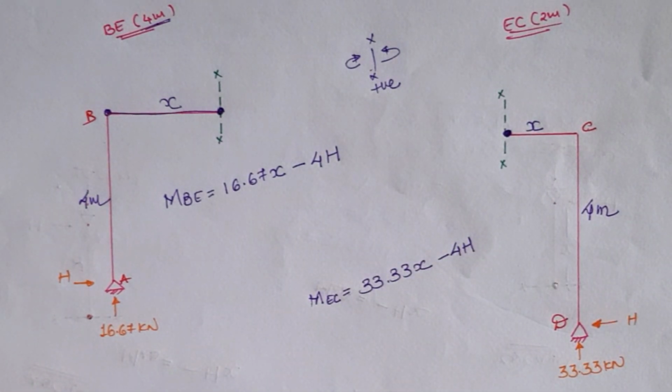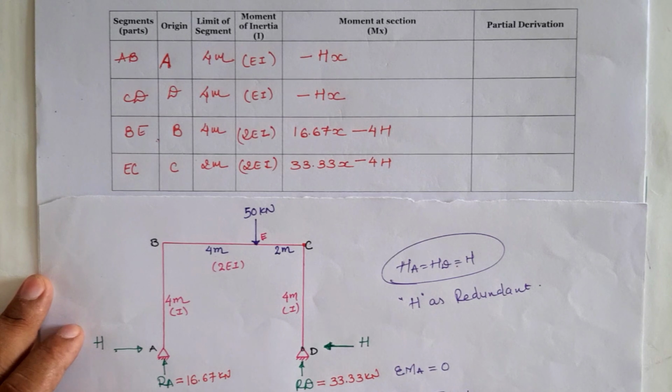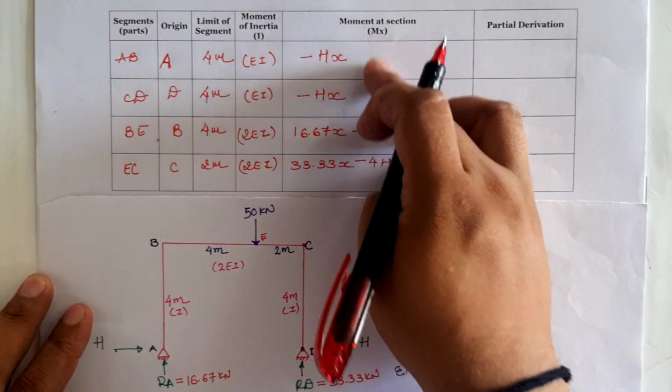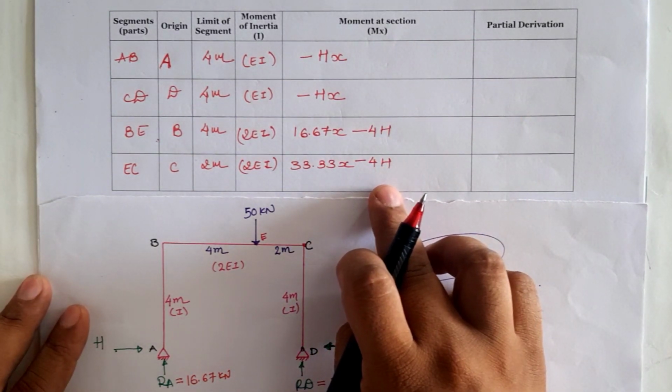So first of all we have to calculate the support reactions. After that we have to take the segmental parts and find out the moments. Now these moments are going to be used in Castigliano's tabular form, as according to the segmental parts our moments are given in the tabular form.